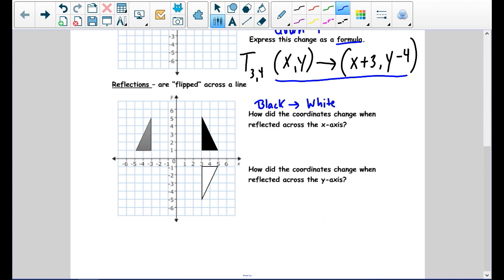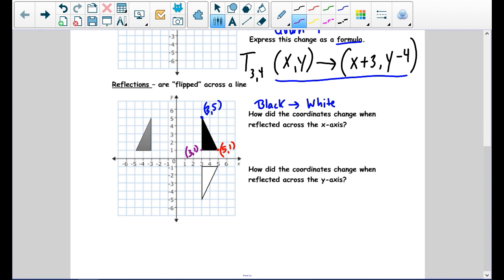Okay? So take a look at our coordinates first. So if I want to match this coordinate up, so here's a coordinate, so I have 3, 5, another coordinate, so 5, 1. And the third coordinate on that first triangle is 3, 1. So there's my 3 coordinates.